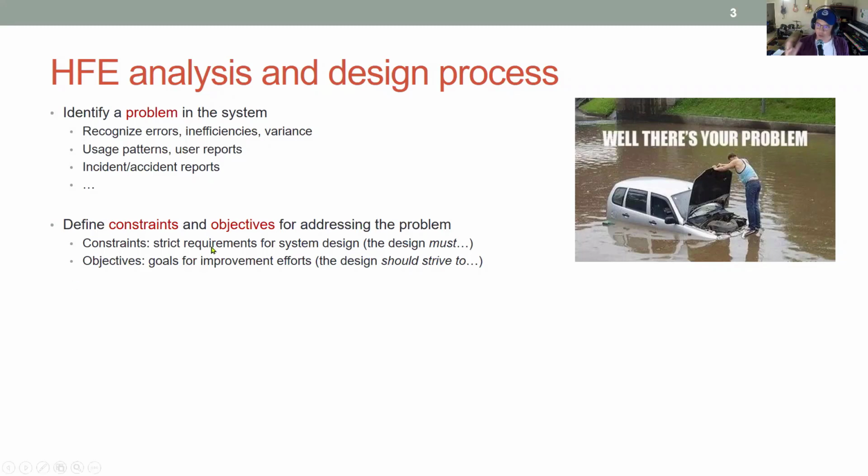So there are strict requirements: the system must do this, or, in order to avoid an accident, we must have these aspects, or, assuming this context, here are the assumptions that go with how I'm defining this system. To a large extent, the constraints are defined by the analyzing engineer.